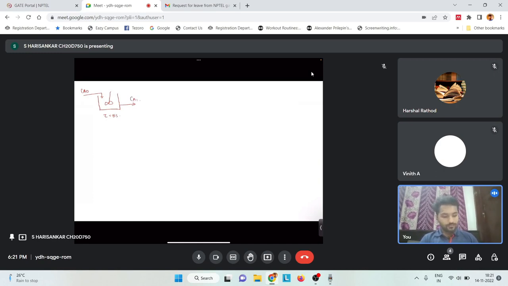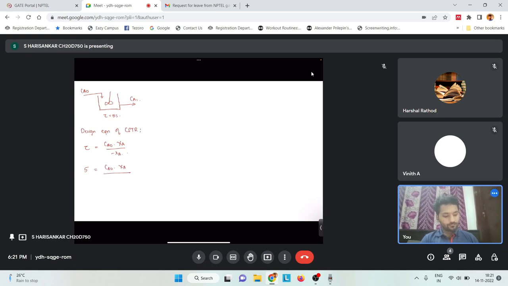By the design equation of CSTR, we can say tau is equal to Ca0 into Xa by minus Ra. So tau here is given as 5 seconds. So 5 is equal to Ca0 into Xa by minus Ra.